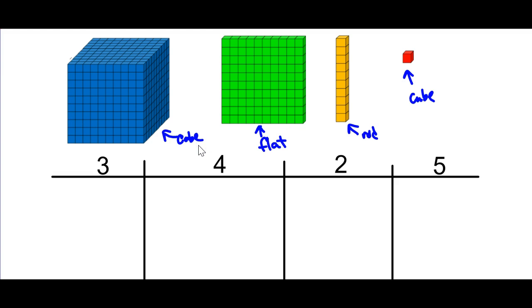Now, how many cubes do we have counted right here? We've got 1. This is a rod, made of 10 cubes. A flat is made of 10 rods, or 10 by 10, in this case 100 cubes. And then this next cube right here, notice, is 10 flats. So if each flat has 100 cubes in it, and you got 10 flats there, it's going to have 1,000 little cubes there.